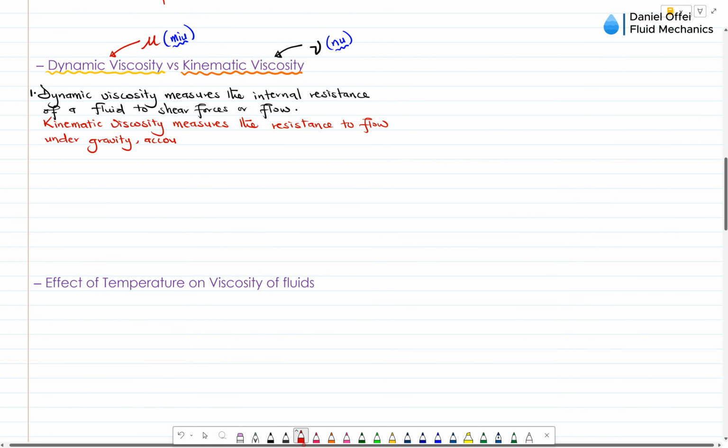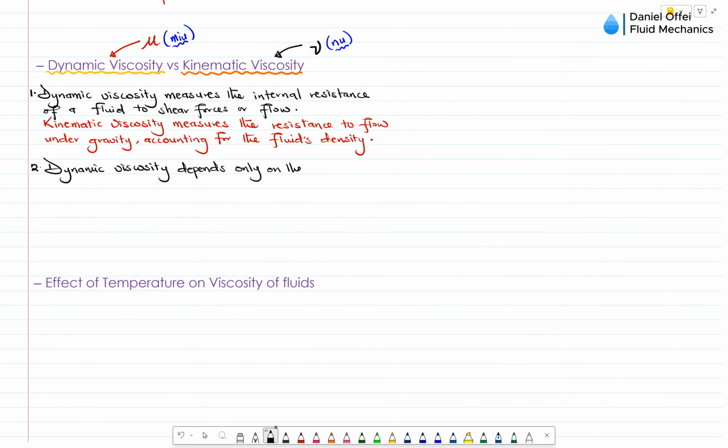Kinematic viscosity measures the resistance to flow under gravity. Also, dynamic viscosity depends only on the fluid's internal resistance, but kinematic viscosity depends on both the dynamic viscosity and the density of the fluid.